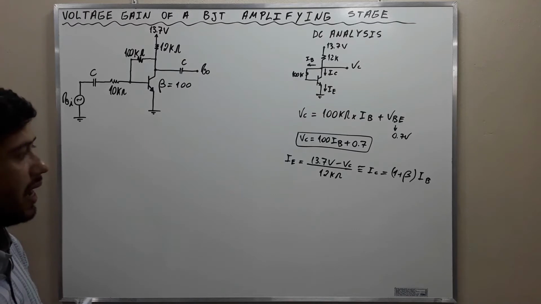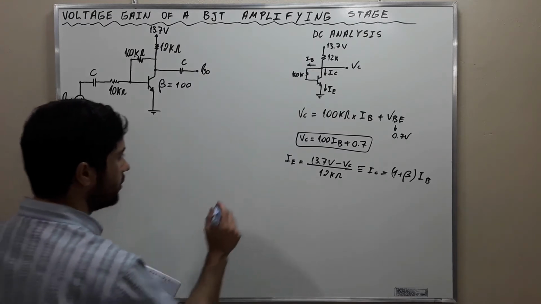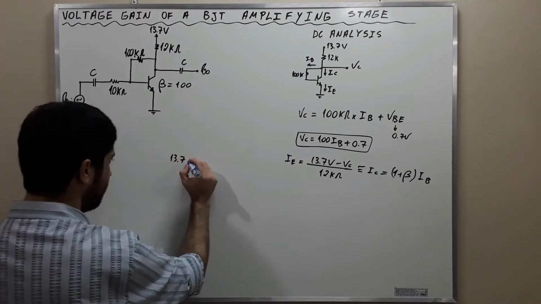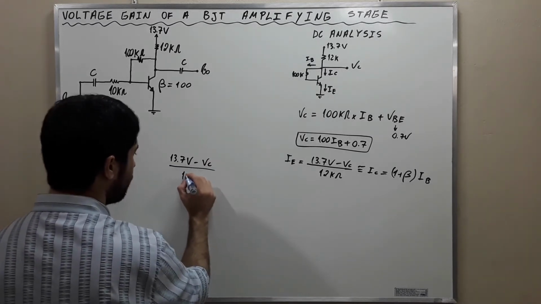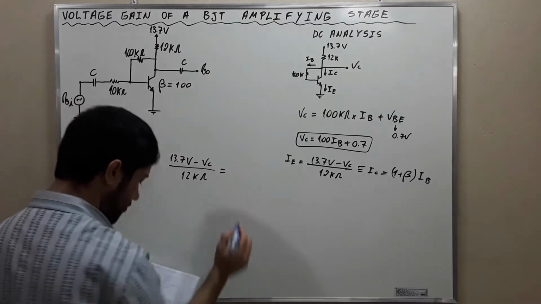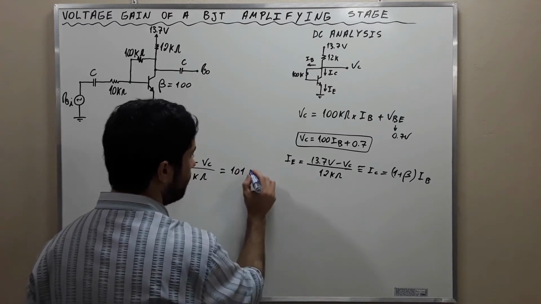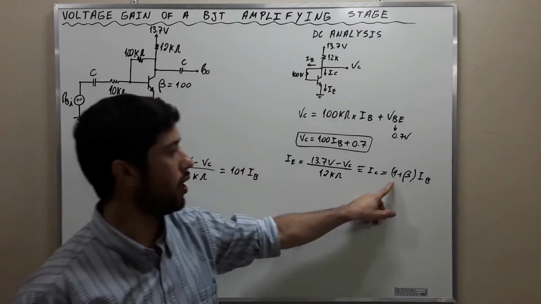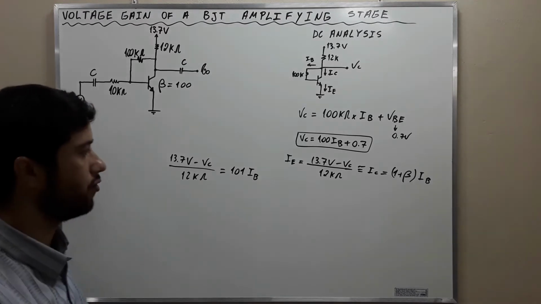Now talking about IB, let's calculate IB, okay? It is possible to state that 13.7 volts minus VC divided by 12 kilo ohms is equal to 101 times IB. Beta is 100, 1 plus 100, 101. Okay? We are going to use this, alright?